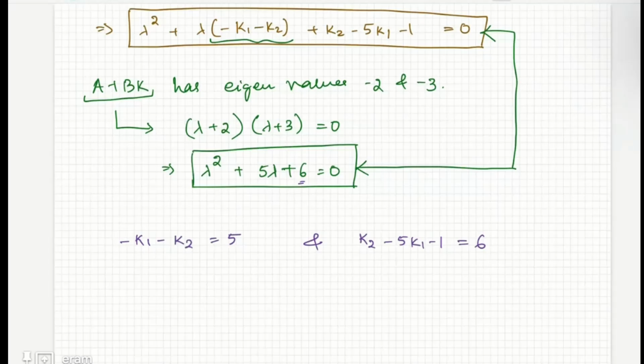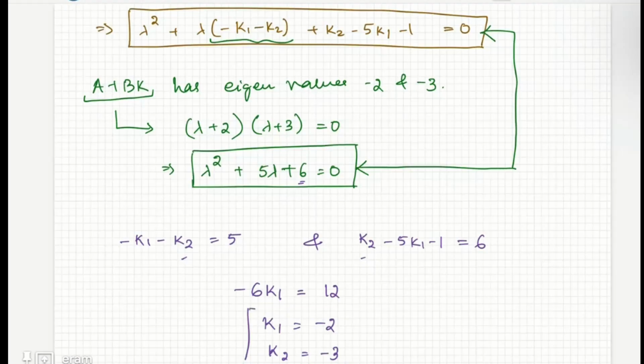So when we solve it, we can just add these two equations, and adding will give us minus 6 K1 equals 12, sorry. So K1 equals -2 and K2 equals -3.